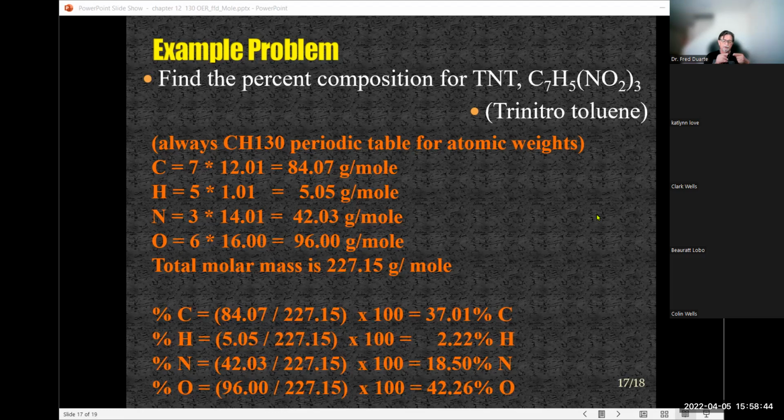And so we could calculate the percent composition, send a sample off for analysis, and when it comes back, if it was correct, then we'd be very close to what we calculated. And this information, coupled with the other information, would verify that yes, in fact, we have a particular structure in a particular compound.